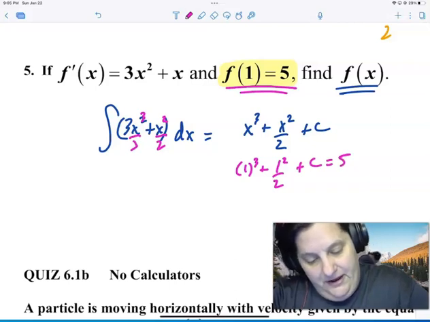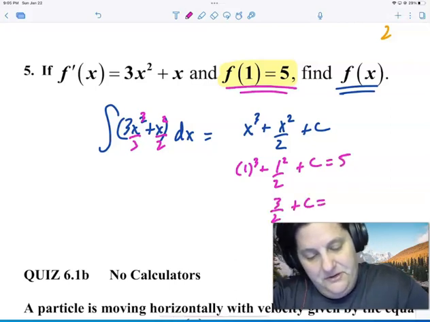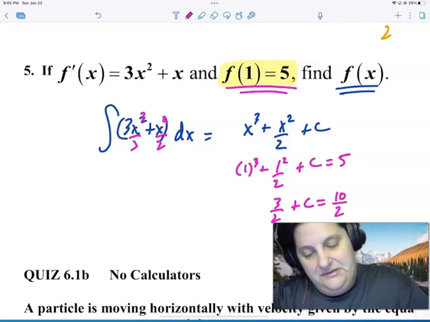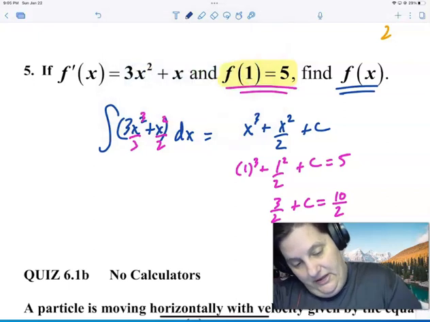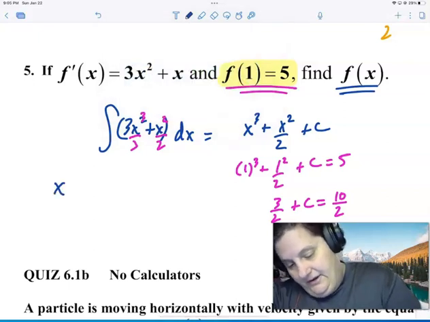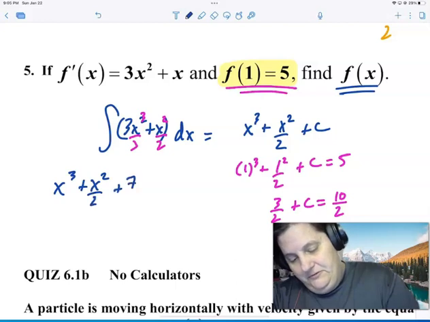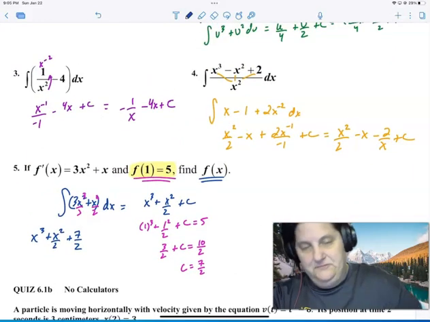So 1 plus 1/2 is 3/2, plus c equals 5. I can call that 10/2. So c is 7/2. So my equation is x to the 3rd plus x squared over 2 plus 7/2.